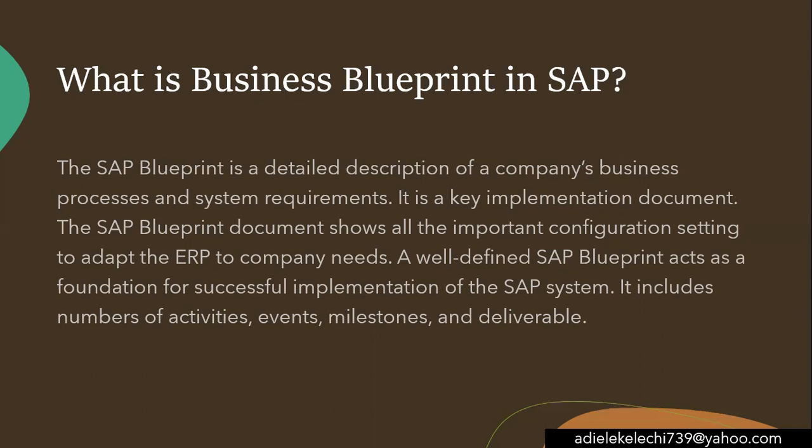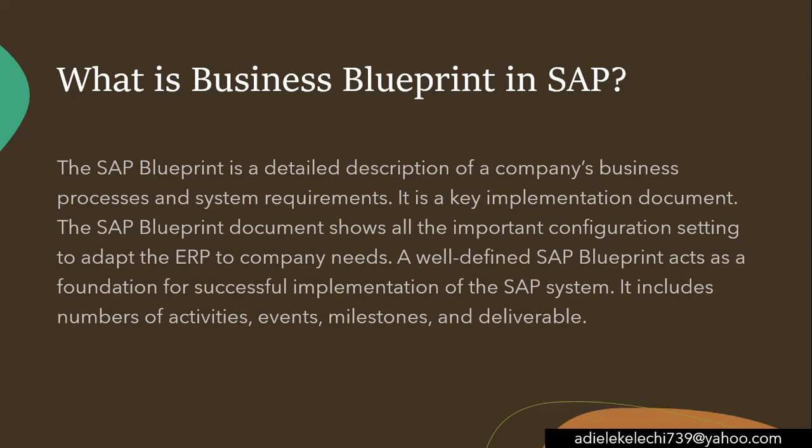It is a key implementation document, as I've stressed. The SAP Blueprint document shows all the important configuration settings to adapt the ERP to company needs. Outside configurations, it has to do with the organogram of the business.